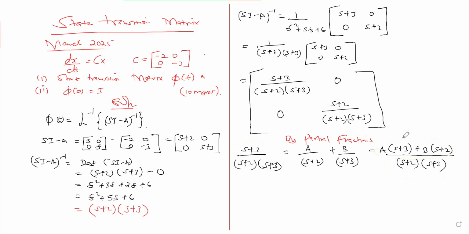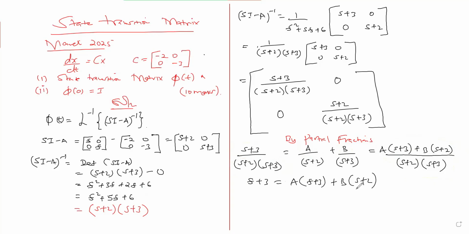And that is what helps us find the value of A. So the thing we're doing here is getting the values of A and B. So since the denominators are the same, the numerators should also be the same. So now we drop the denominators and compare the numerators. So we have s plus 3 should be the same as A(s plus 3) plus B(s plus 2).